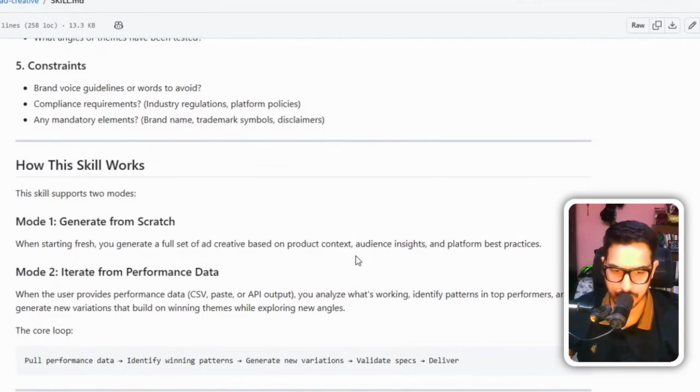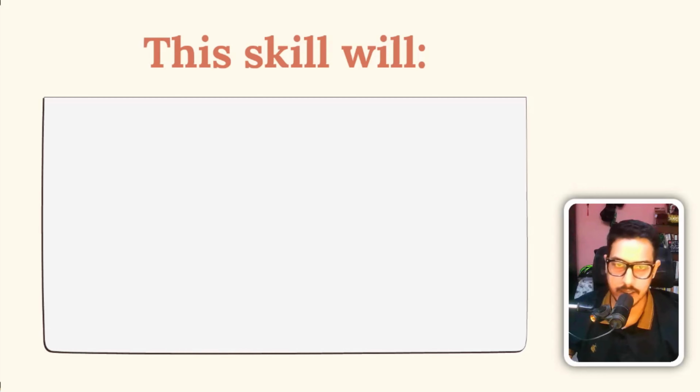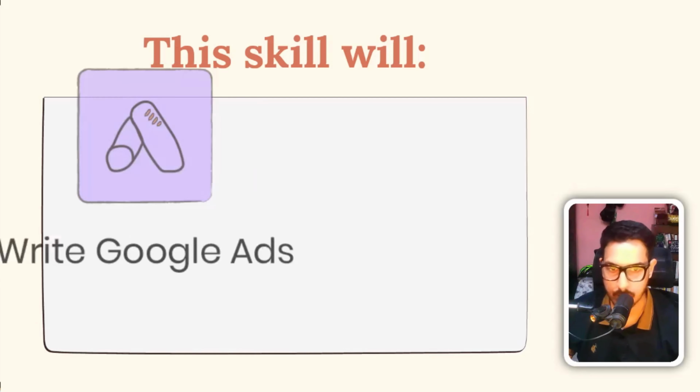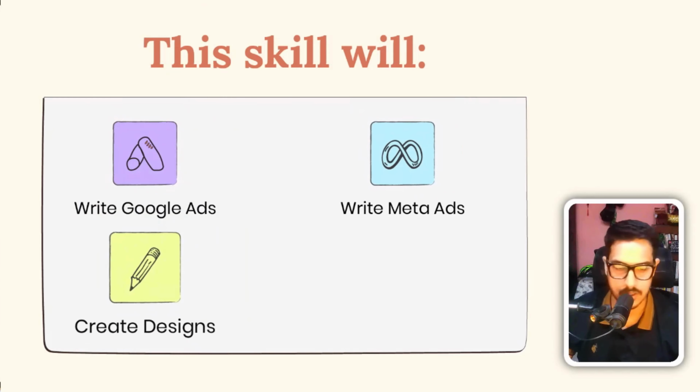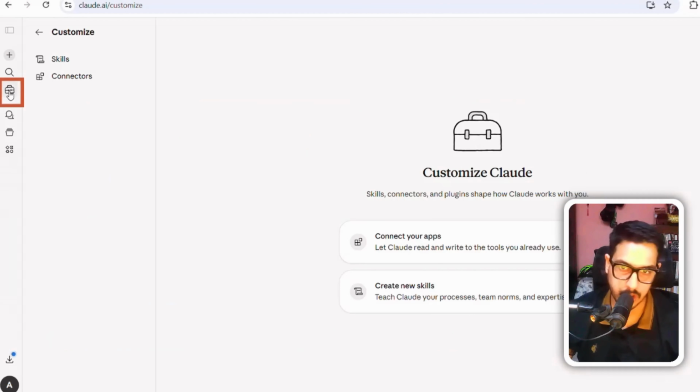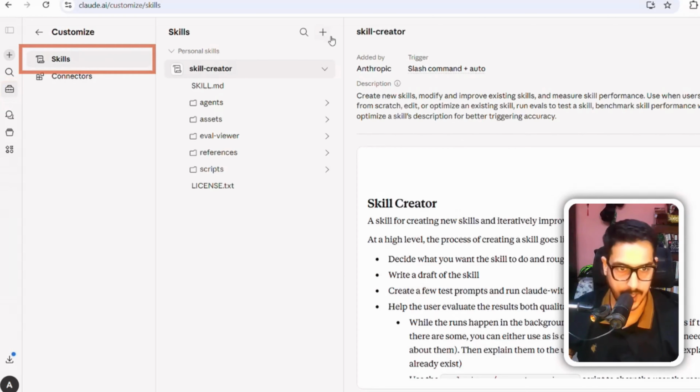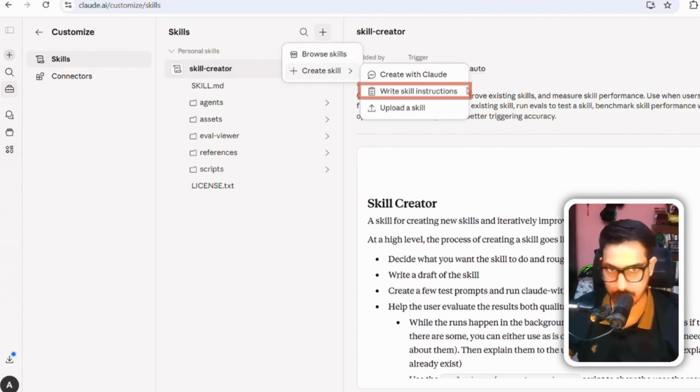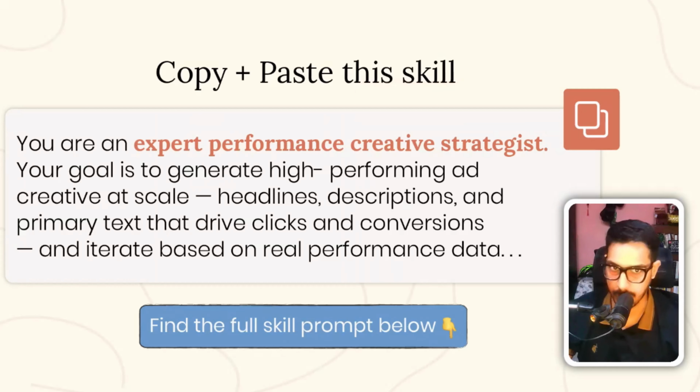So you can just copy paste. I'll give you a link to it. As I said earlier, this skill is going to write Google Ads, write Meta Ads, designs, CTAs, and more. To add this, you'll go to Customize section in your Claude, go to Skills, and then write the skill instructions. Just copy paste the one that I'm going to give you.